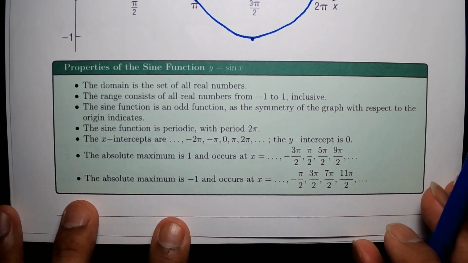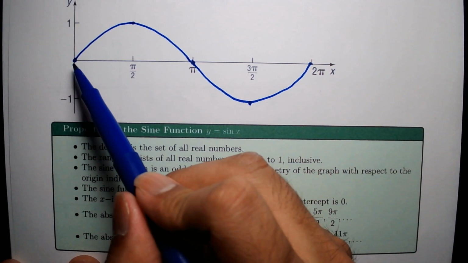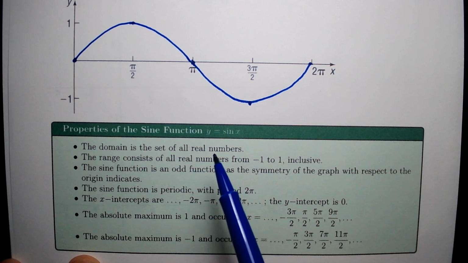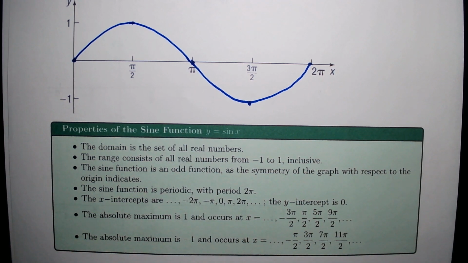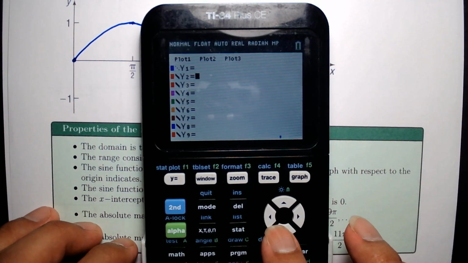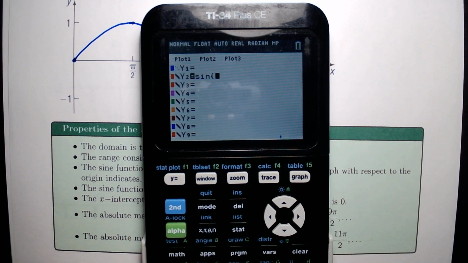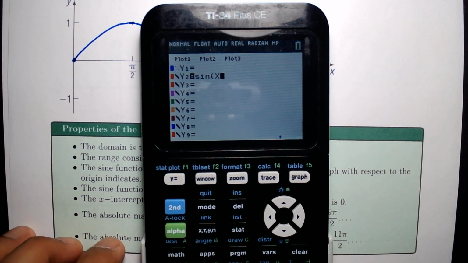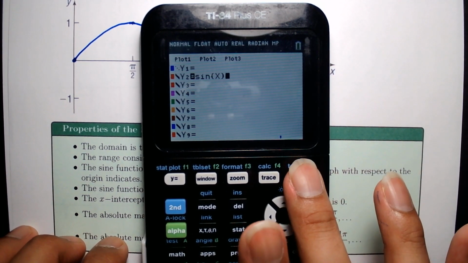What are the properties of this function and this graph? Well, the domain is all real numbers. In this case, I'm just graphing only one period. But if you were to graph the entire function, let me clear this and type y equals sine of x, close parentheses, and hit graph.